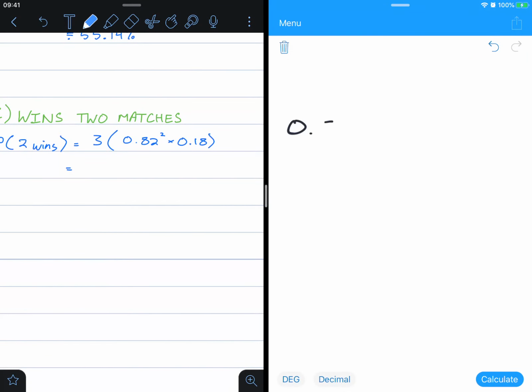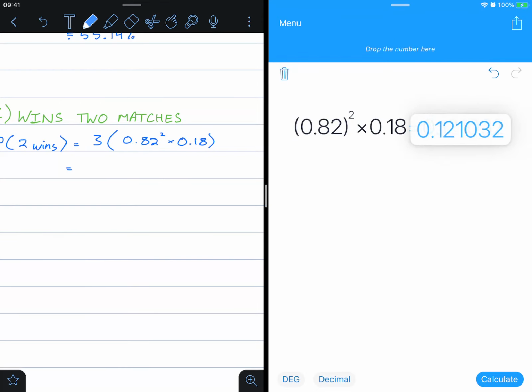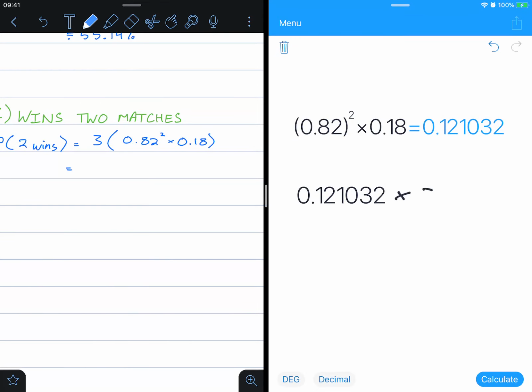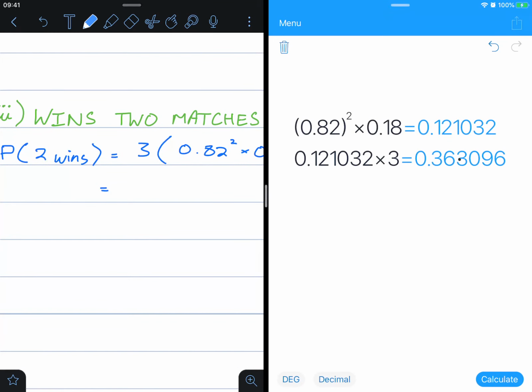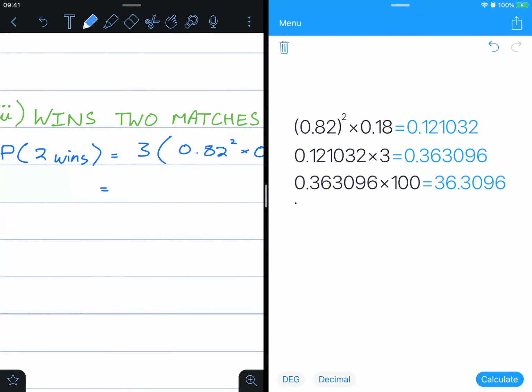So 0.82 squared times 0.18. That result, we multiply it by 3. Well, that's in decimal. We multiply it by 100 to get to percentage. It's approximately 36.31% chance of it happening.